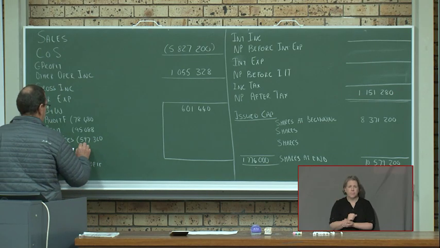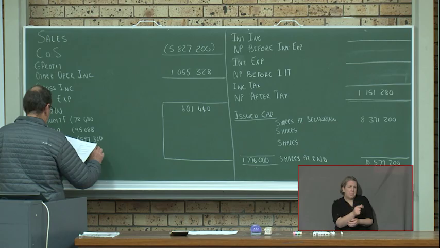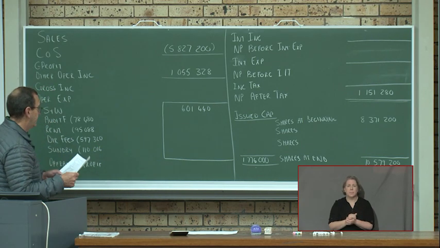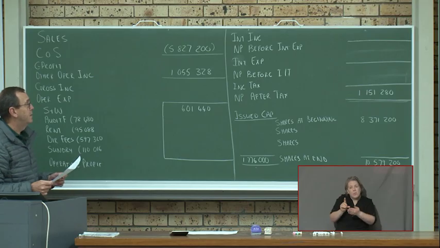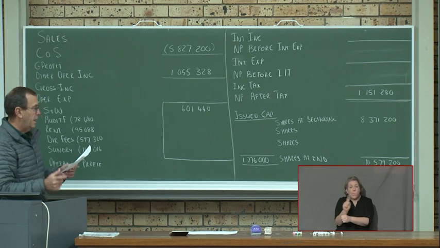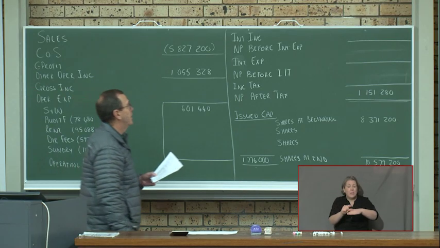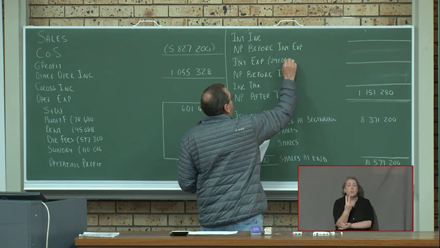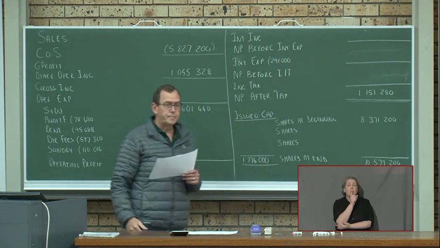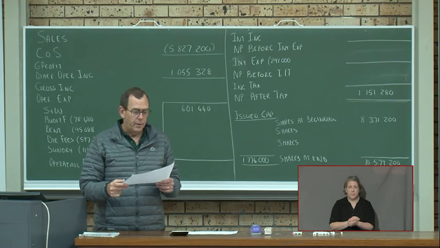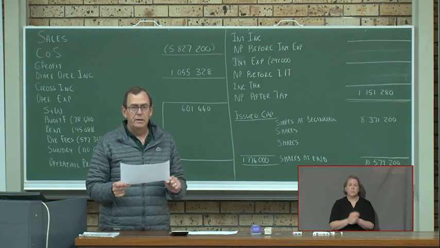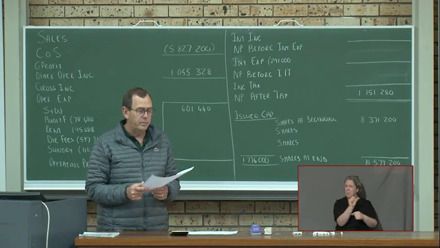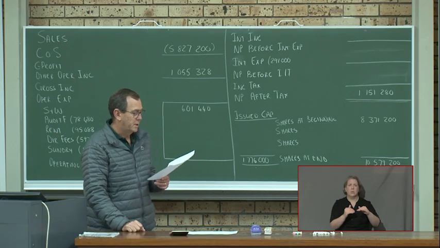Sundry expenses 110,016. Interest on fixed deposit is a question mark. Interest on loan, so our interest expense, 291,000. All right, then we've finished with the first part. Now we don't actually have to go back to that page. Now we can carry on with the next part of the question.